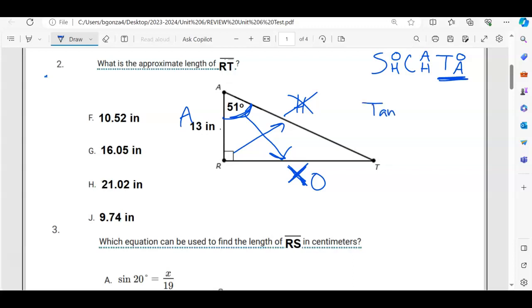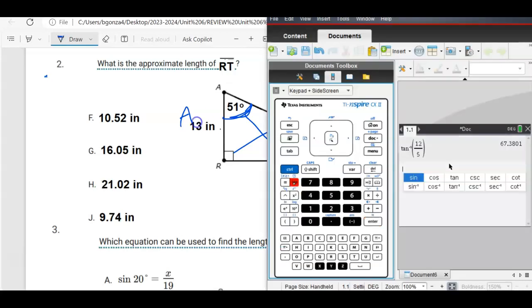Tan, the angle is 51, equals O over A, which is X over 13. And to solve for X, to get rid of that divided by 13, we times it by 13. It cancels on the right, and now I can do tan 51 times 13.